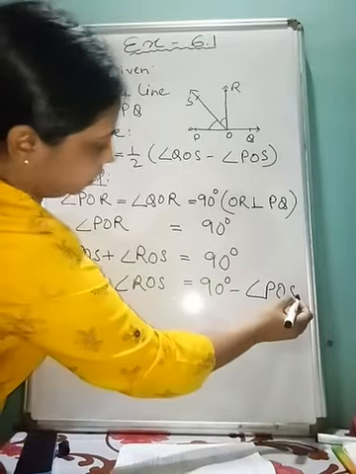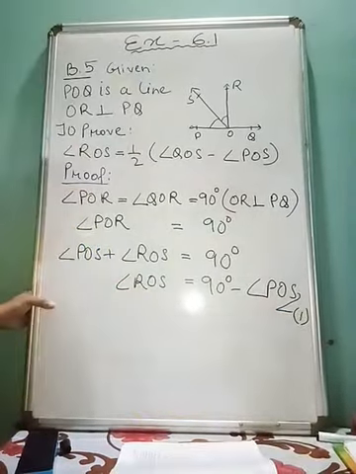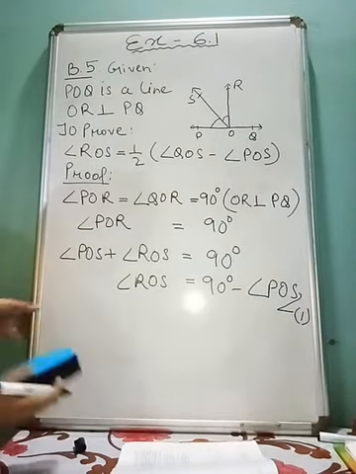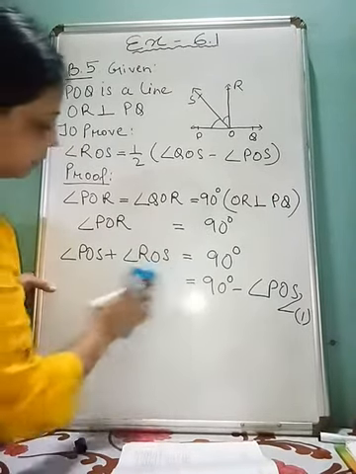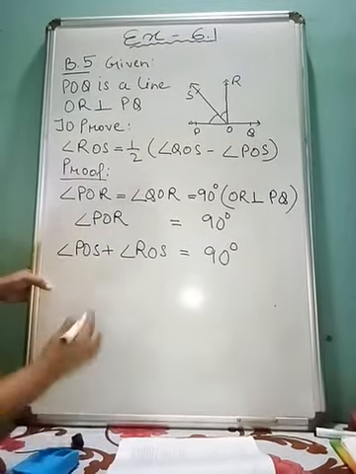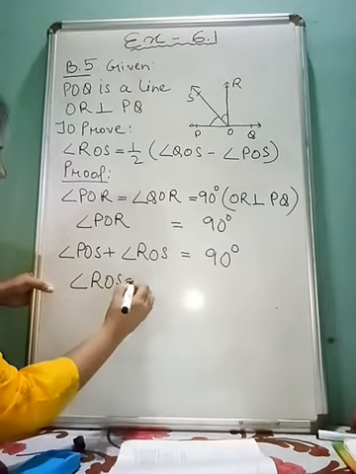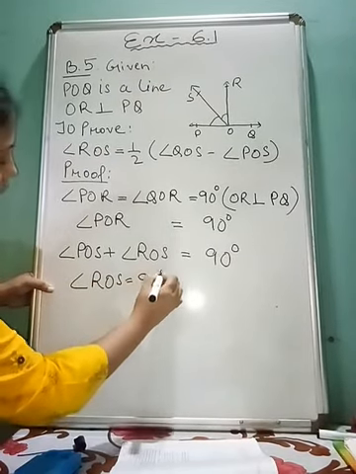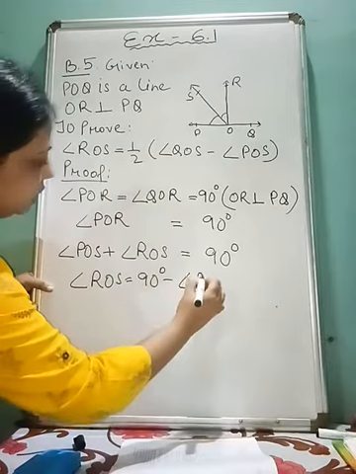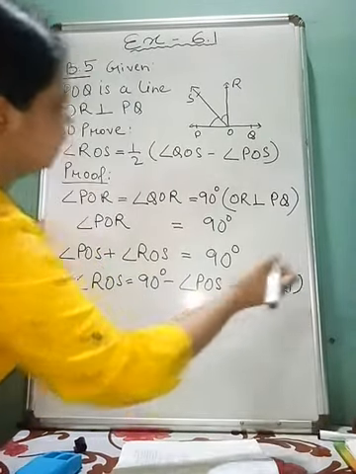Let us take it as equation 1. Okay, let me write it properly here. That is angle ROS equal to 90 degree minus angle POS. So this will be our equation 1.